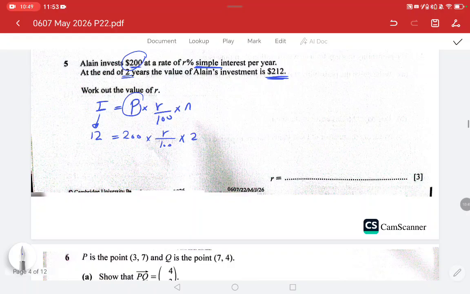Usually it's better when you write the formula and substitute to decrease mistakes. And of course read the question very well to know that this is simple interest. Now if we simplify this equation, it's 12 equals 4r. If you divide both by 4, r equals 3. So r is 3%.